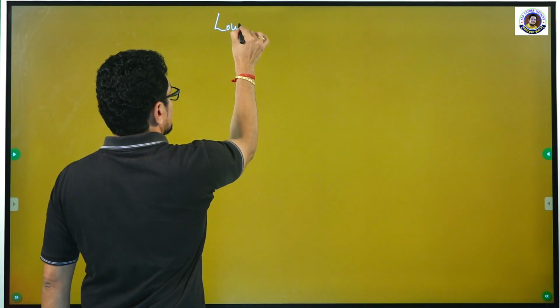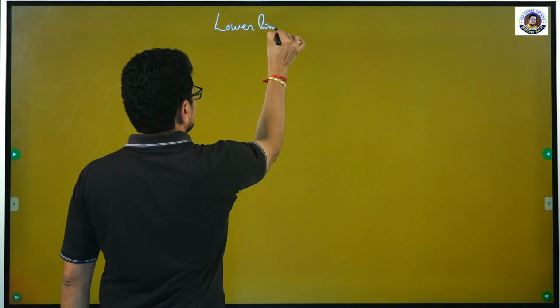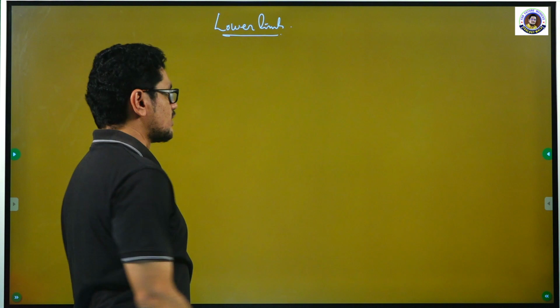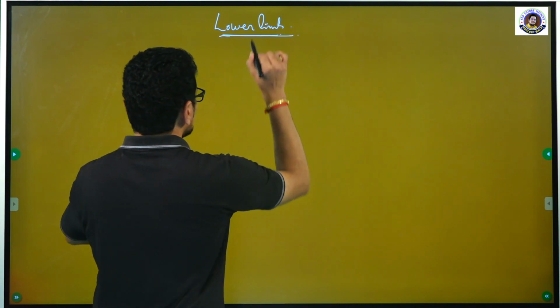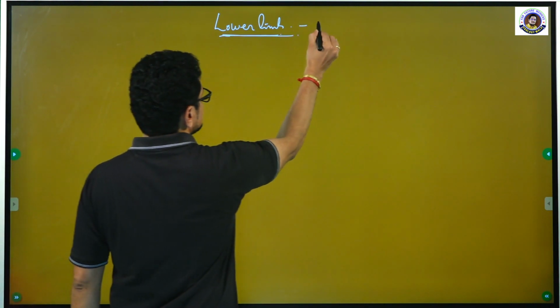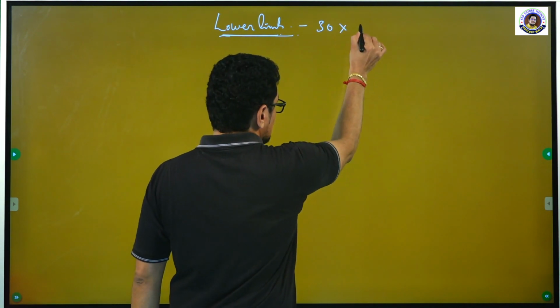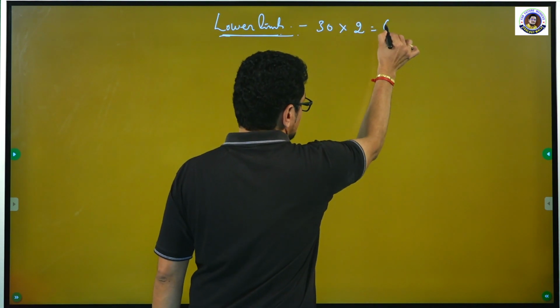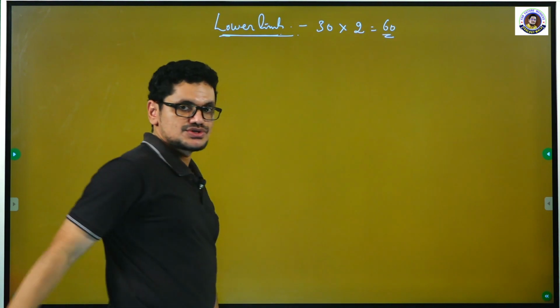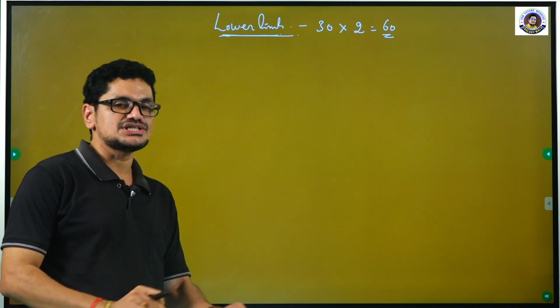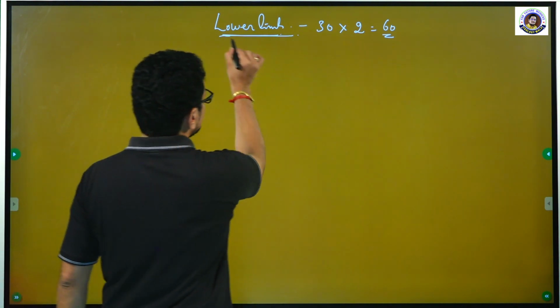How many bones are present in the lower limb? I will tell. Each limb contains 30 bones. 30 bones in one limb and 30 bones in another limb, obviously 60 bones.